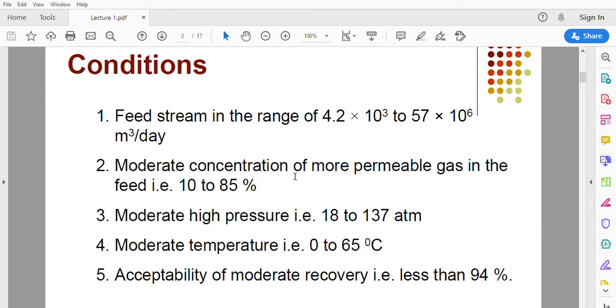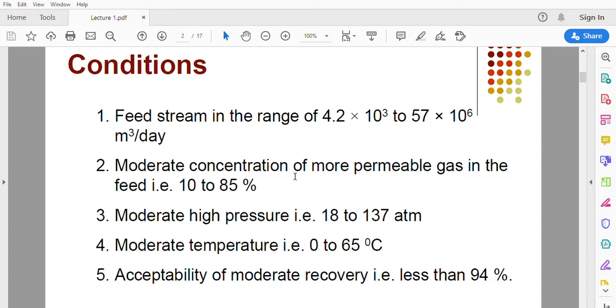This process is specifically used to separate gas present in moderate concentration. Why? Because the permeability of the membrane for both gases is nearly the same. It cannot be very different. So you cannot separate a gas present in a very minute amount efficiently using this process.